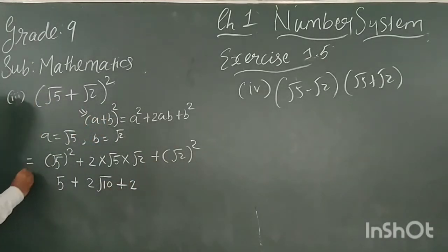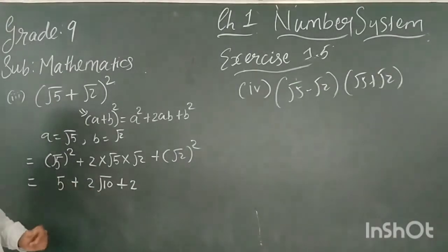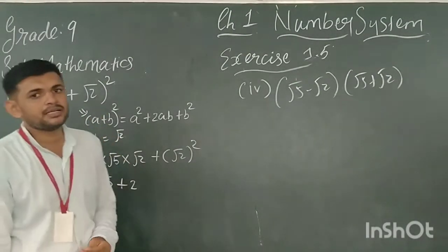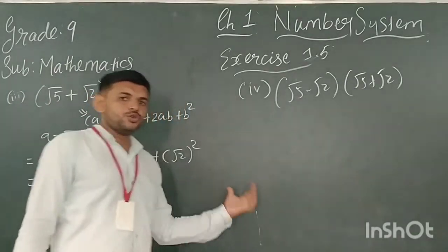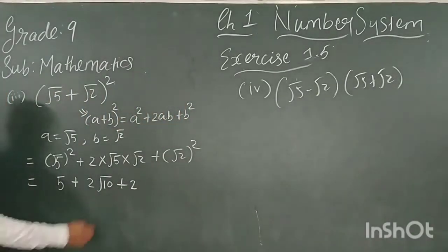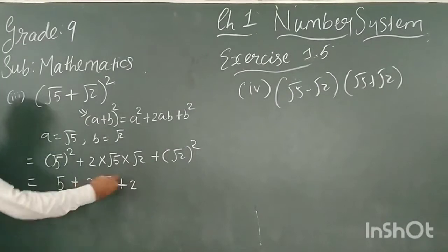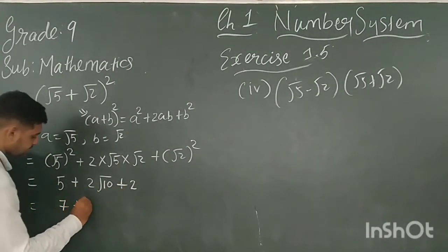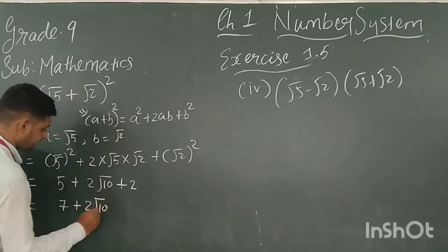Now see the like terms. Here you can see 5 and 2 are like terms, so you can undergo an operation here. The operation here is addition. So 5 plus 2 gives 7 plus 2 root 10.